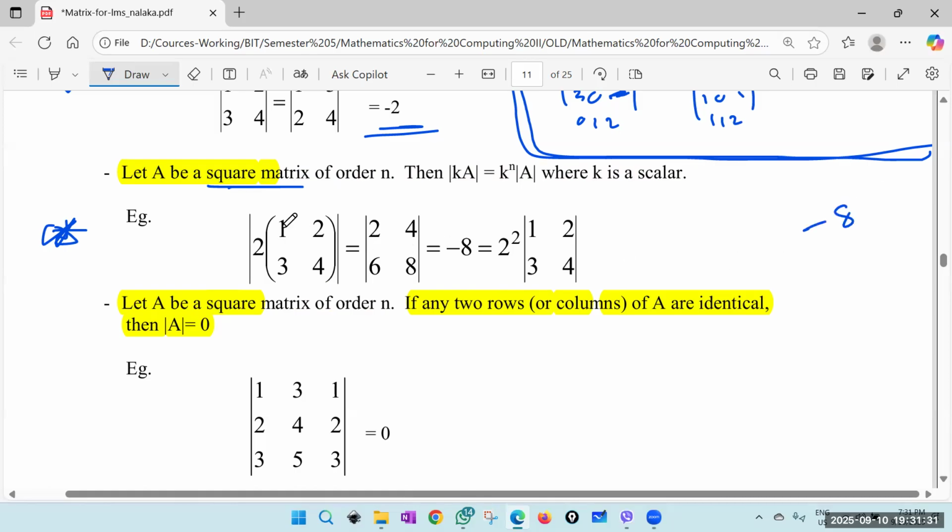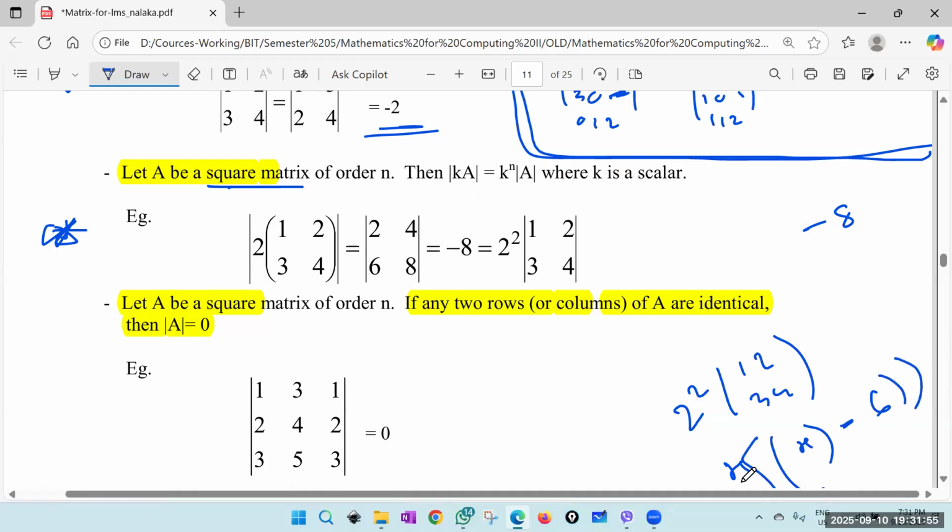Now that is after multiplication of each element. The other way is 2 to the power 2, that is 4, into the determinant of this. 1, 2, 3, 4. So 4 into 1 is 4 minus 6. 4 minus 6 is minus 2. Minus 2 into 4 is again minus 8.